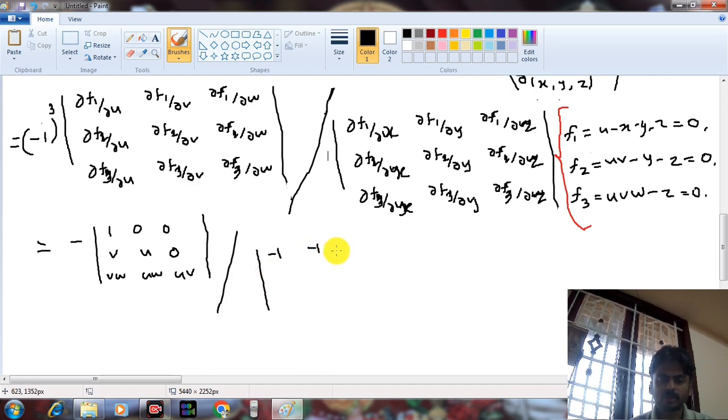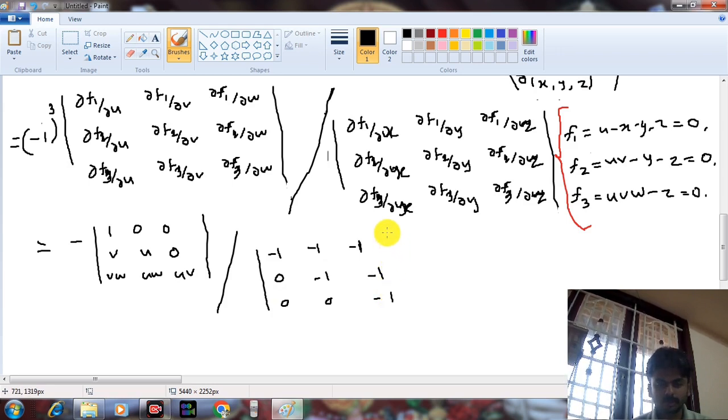Now f2 with respect to x is 0, and f2 with respect to y is minus 1, and it is also minus 1. Now here, with respect to both x and y it is 0. With respect to z we are getting minus 1.